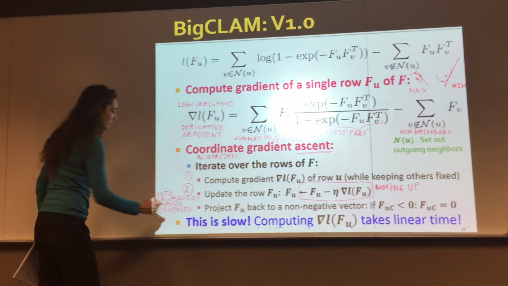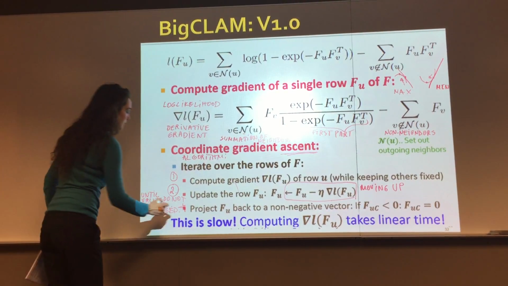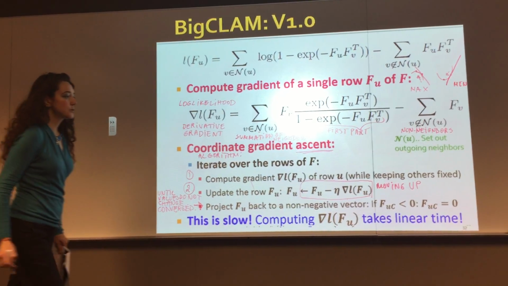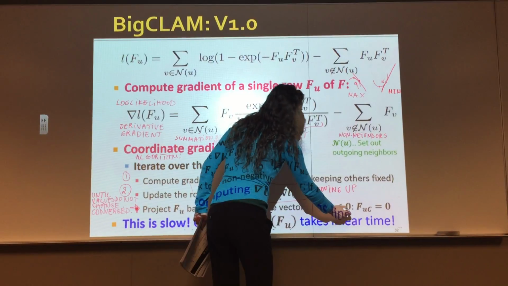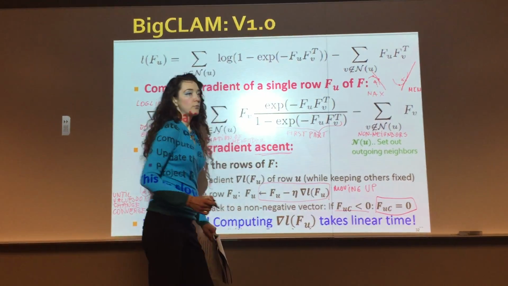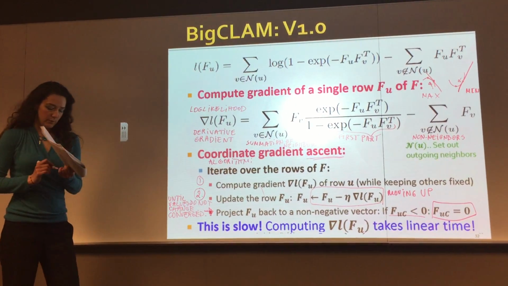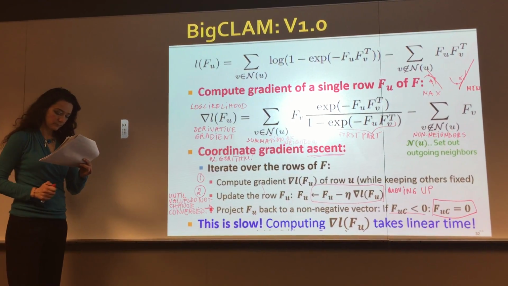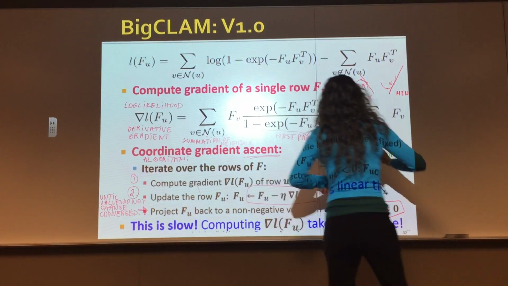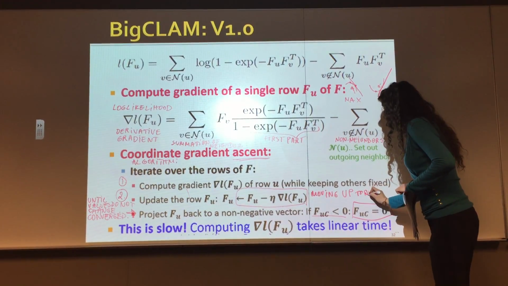We might run into a problem when we do that because some of the values might turn negative. We don't want to have negative values less than 0. If it happens that they become less than 0, we will reset them back to 0. So we keep moving up to reach the maximum.